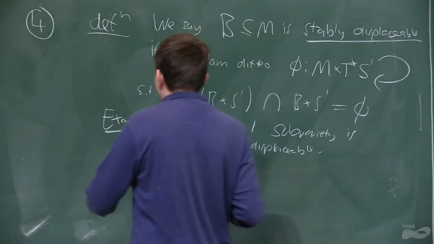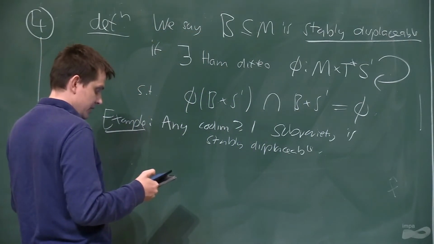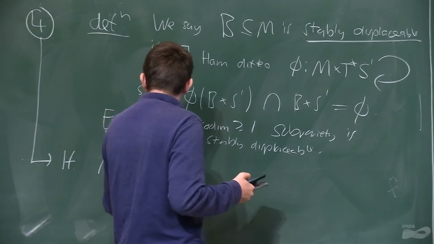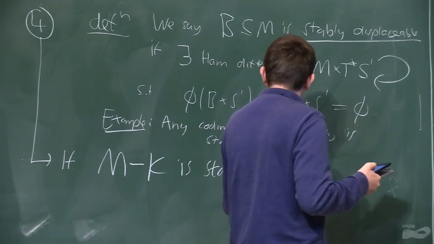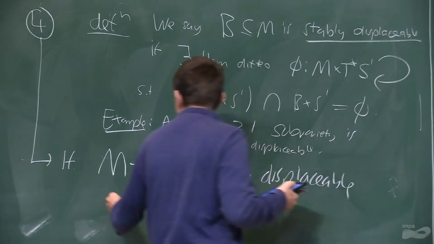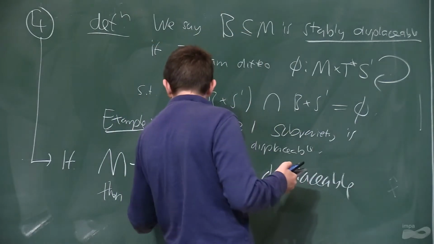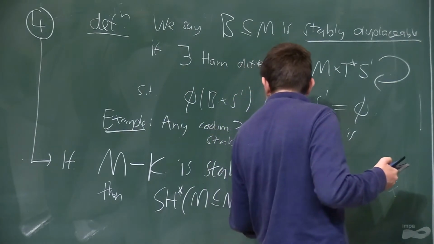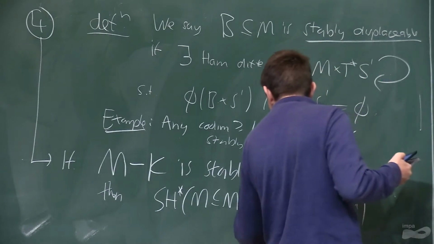So here's my axiom, I mean, here's my property. If M minus K is stably displaceable, then this Viterbo transfer map from SH star of M inside M to SH star of K inside M is an isomorphism.